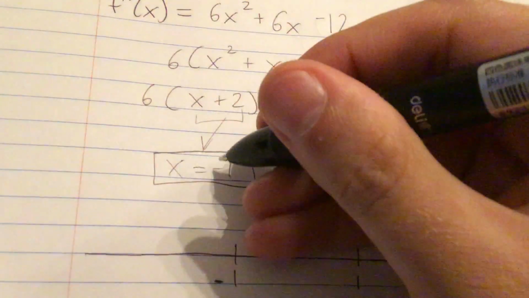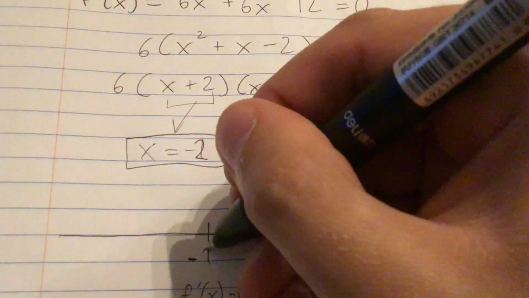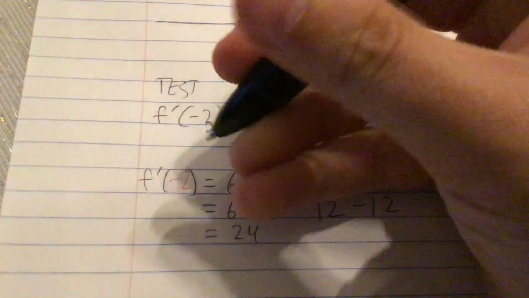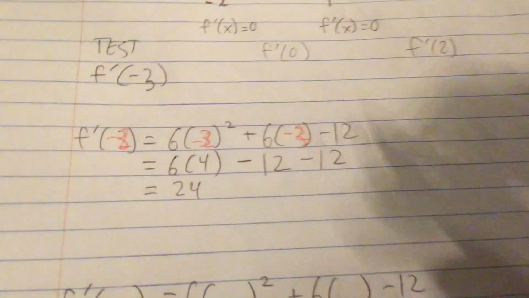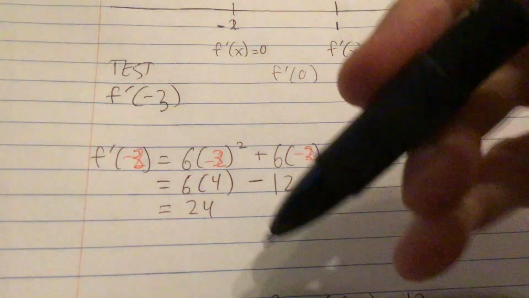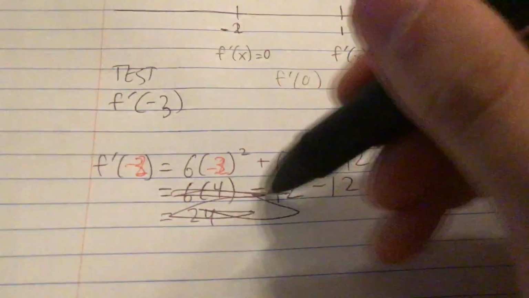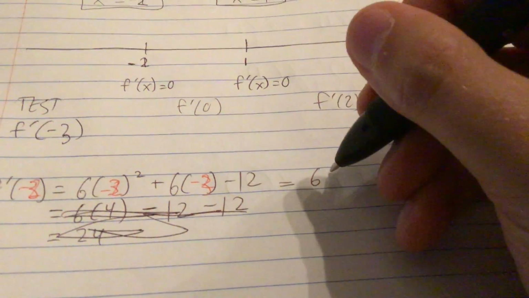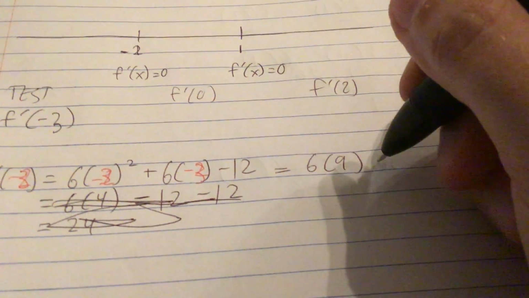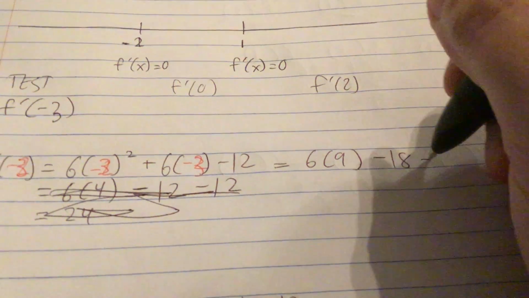Oh, duh. I messed up. Let's go with -3. Why not? Let's go with -3. Sorry about that. So that would be 6 times 9 minus 18 minus 12.